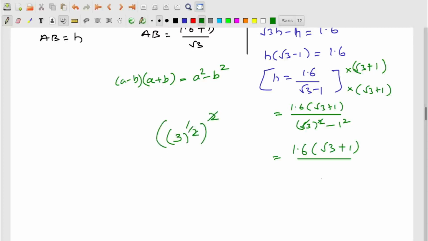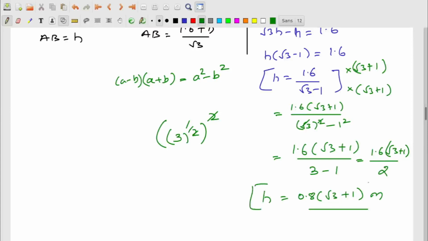Then you will be left with 3 minus 1, which is 2. So 1.6 root 3 plus 1 divided by 2. 1.6 by 2 is 0.8, so 0.8 root 3 plus 1 meters. So this is your h, the height of the pedestal.